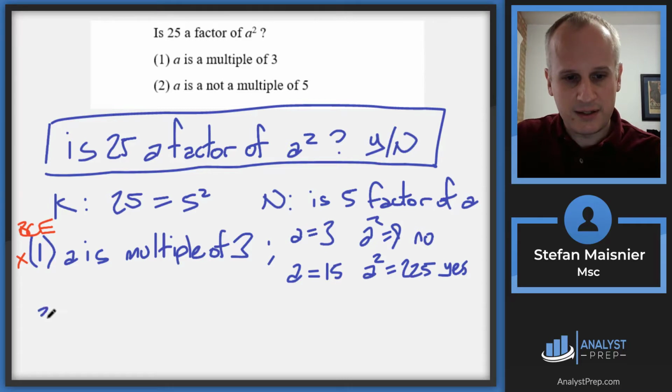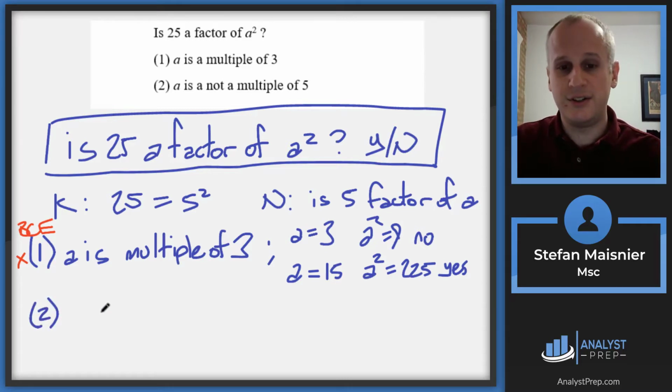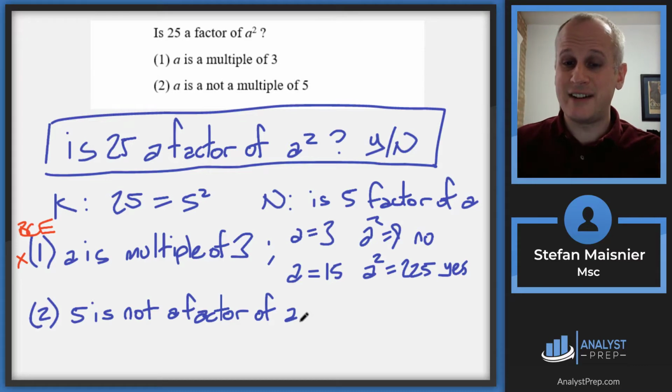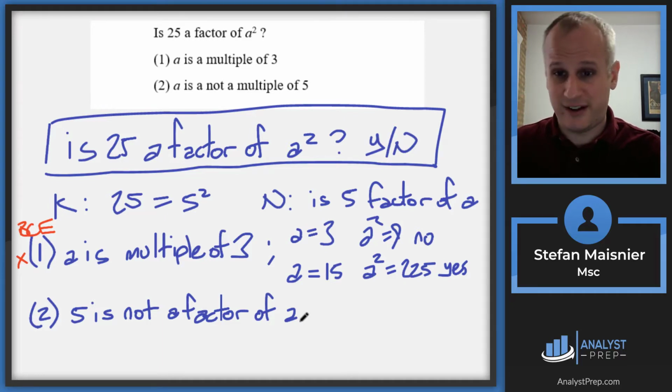So then we consider condition 2. Condition 2 tells us a is not a multiple of 5, so 5 is not a factor of a. So if 5 is not a factor of a, then we know that technically a squared is not going to have 25 as part of it.